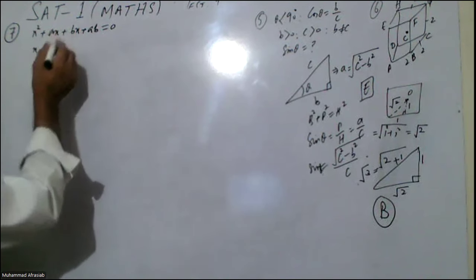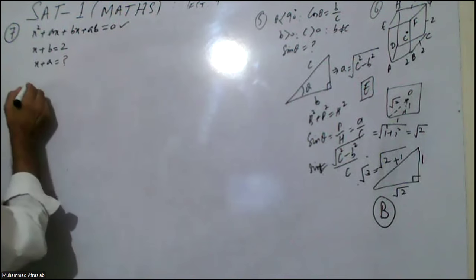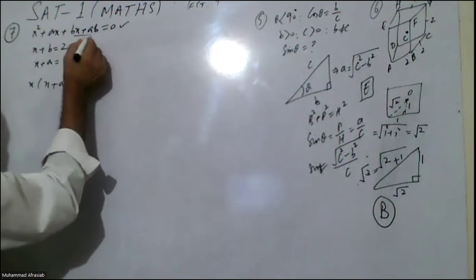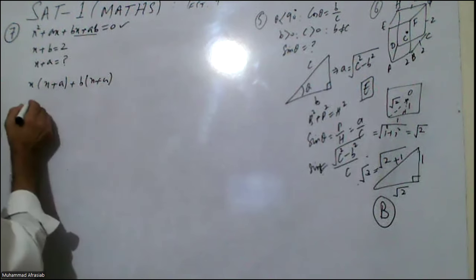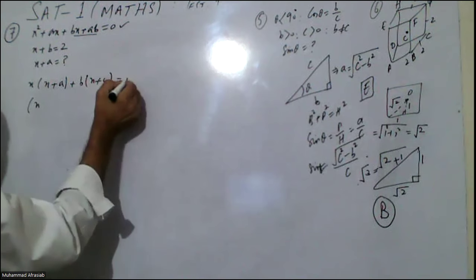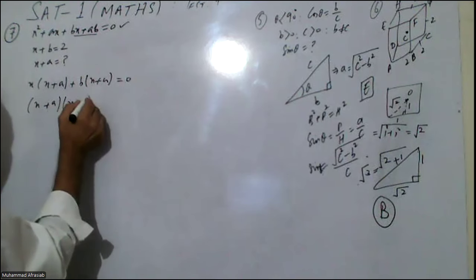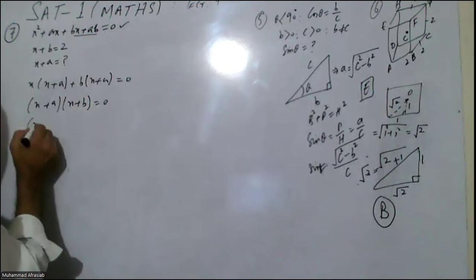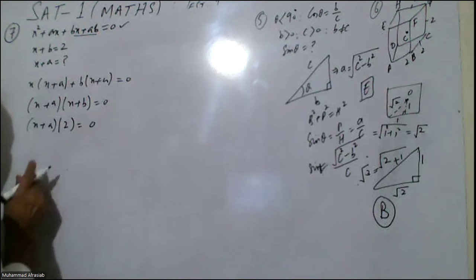So we can simply factorize this equation. If x is common, then it should be x plus a. If b is common between these two, then it should be x plus a. So it should be equal to x plus a into x plus b is equal to 0. But x plus b is equal to 2. So x plus a into 2 is equal to 0.